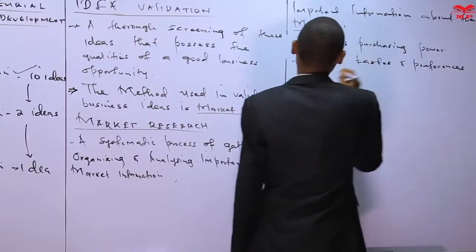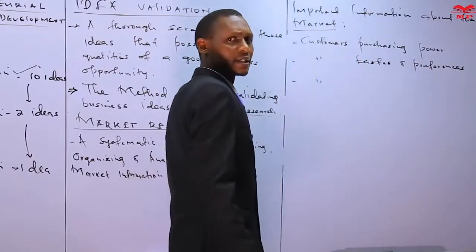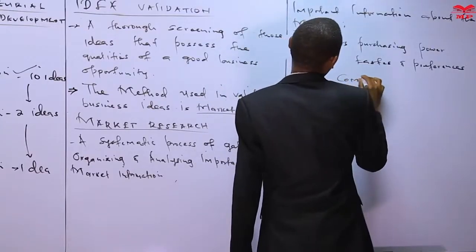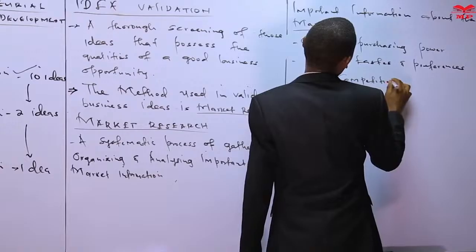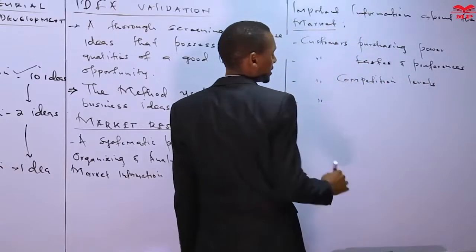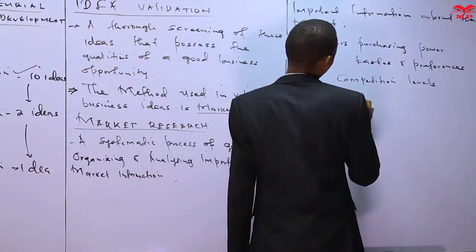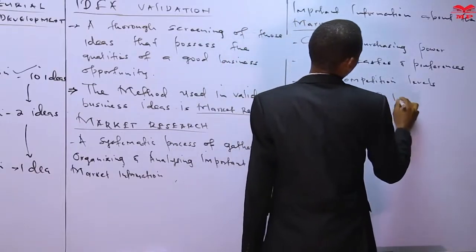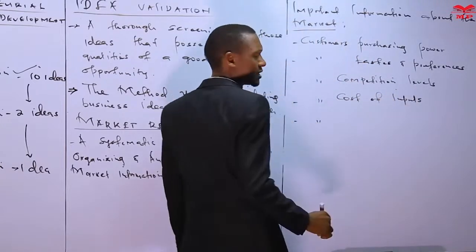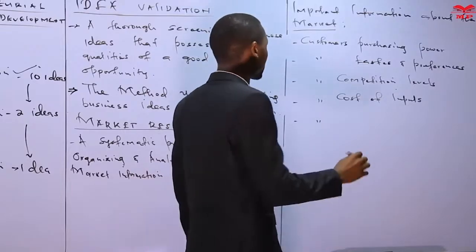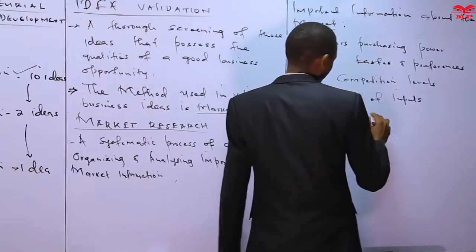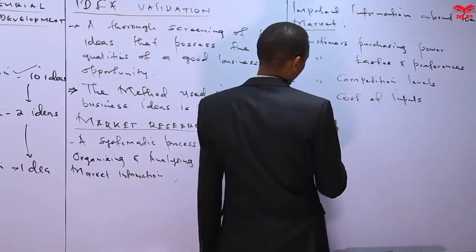The entrepreneur is also interested in determining competition levels. They're also interested in understanding the cost of inputs. They are interested in understanding government regulations to determine whether the idea is legal or not.